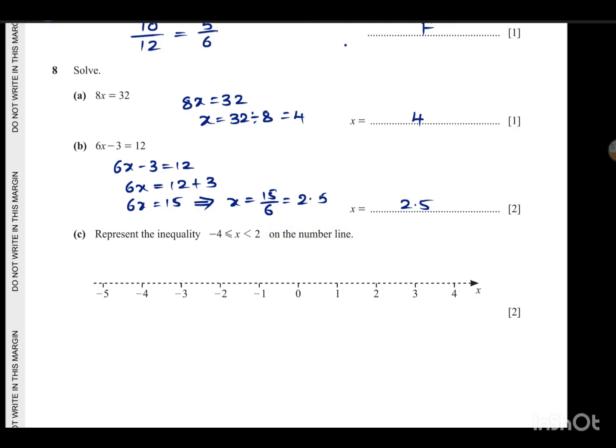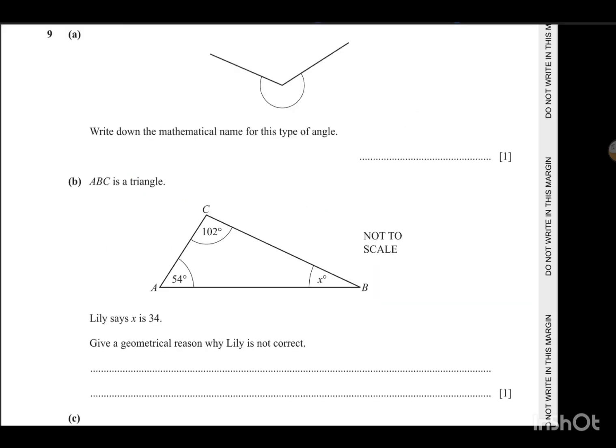So for inequality, you will have to first take these two numbers -4 and 2, draw circles over the numbers, then -4 less than or equal to, so shade that circle. And x is less than 2, we cannot shade the circle near 2. Take your ruler, draw a straight line connecting these two.